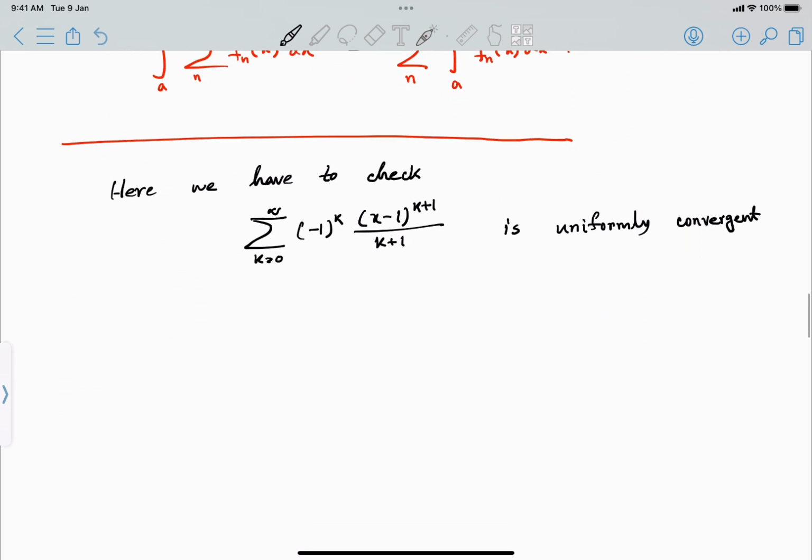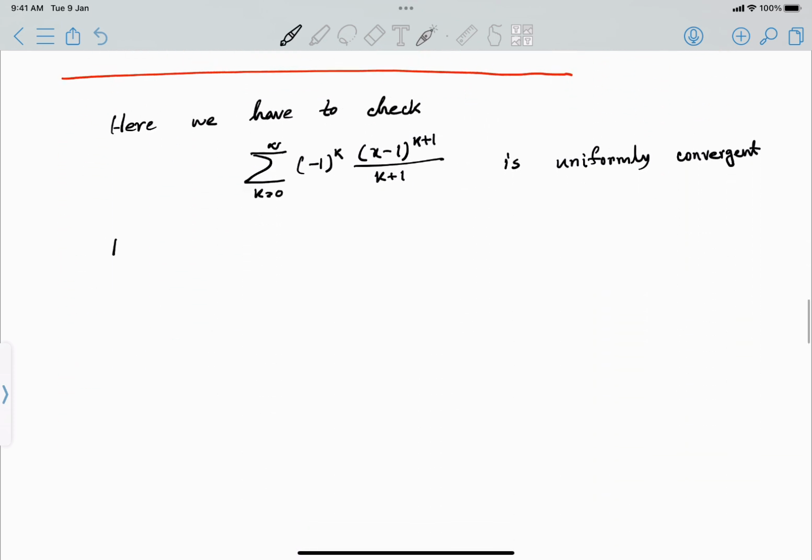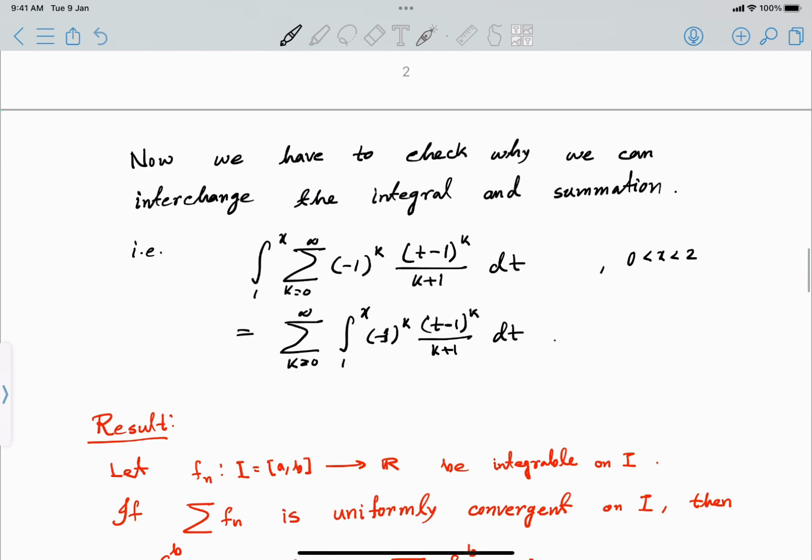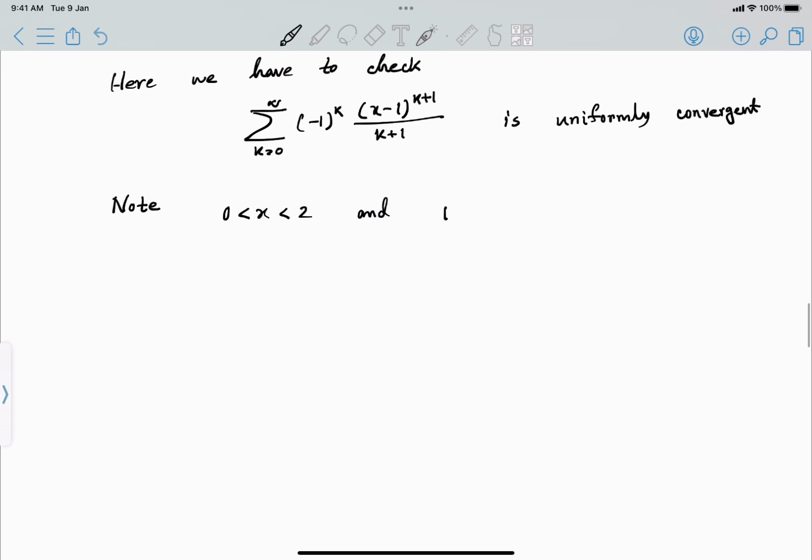Where is x? x is in 0 less than x less than 2, and in the integral, t goes from 1 to x. So t will lie between 1 and, strictly less than, 2.